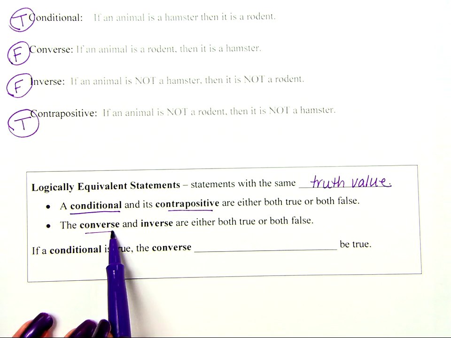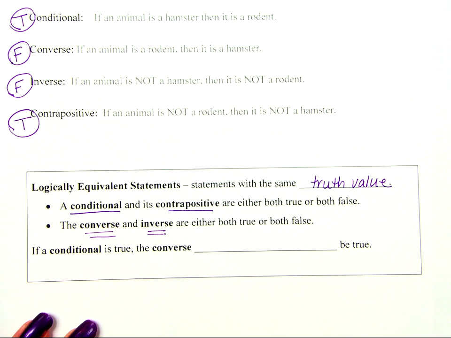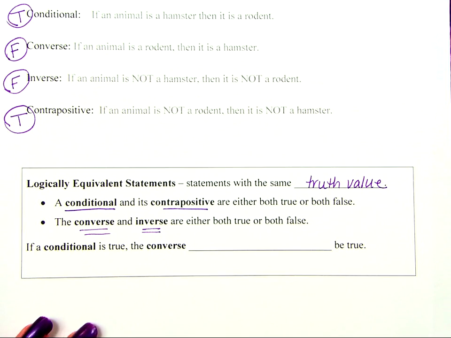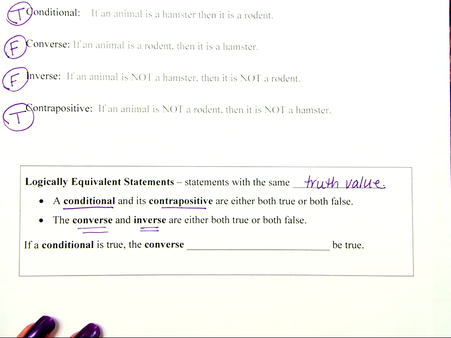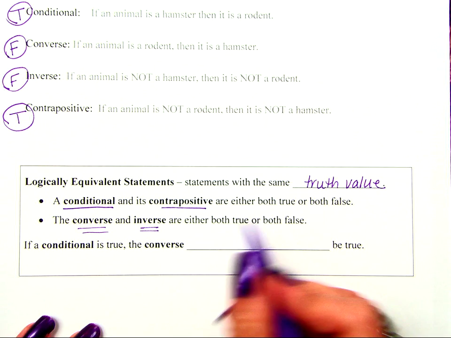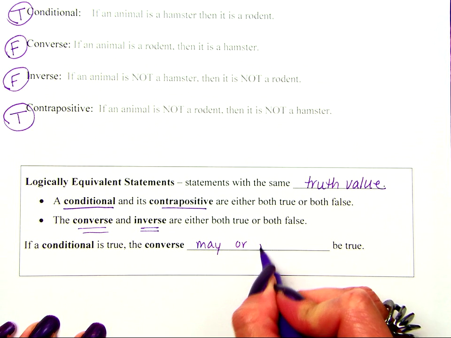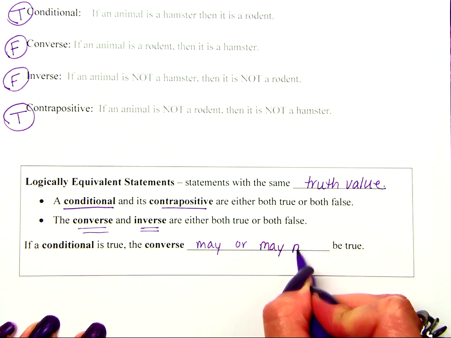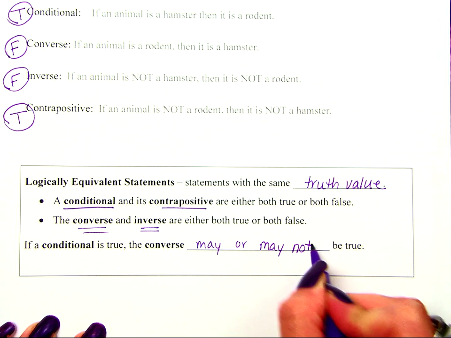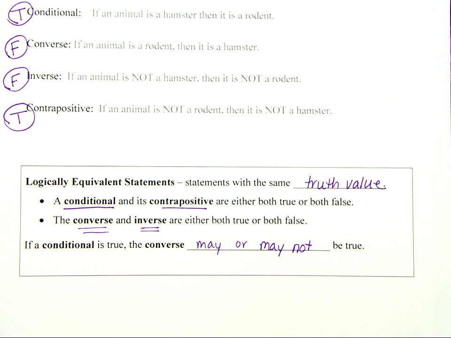Similarly, the converse and the inverse are logically equivalent. They will have to have the same truth value. Now, when you compare the conditional and the converse, this may or may not be the case. But you know for sure that the conditional and the contrapositive are.